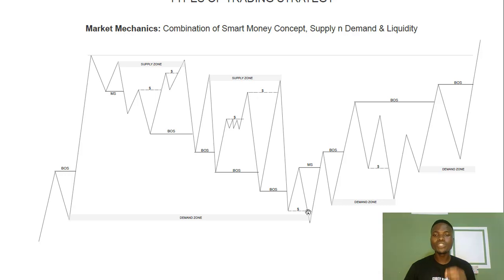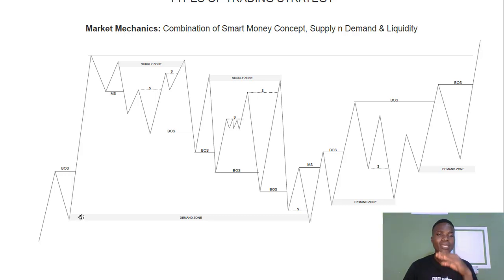And what is going to make you know that there is a market shift is that the moment price reached this place, it broke through the recent high. This happens because the price has respected the previous demand area. That is why you need to always look out for your demand or supply area.